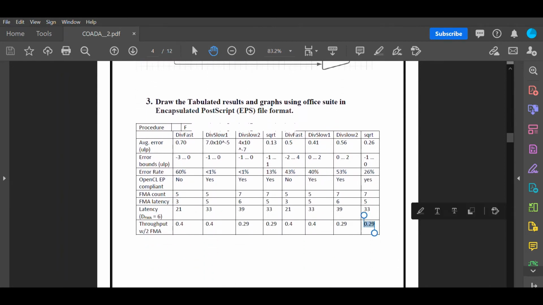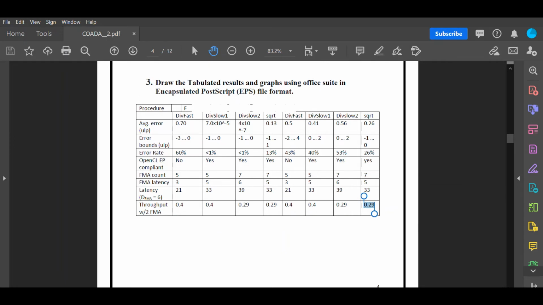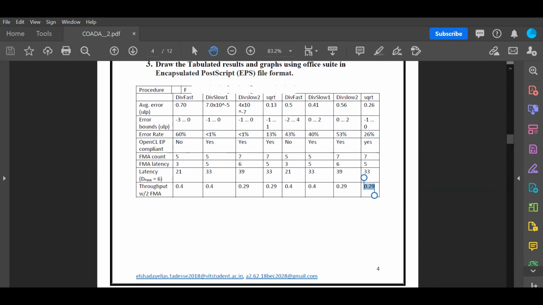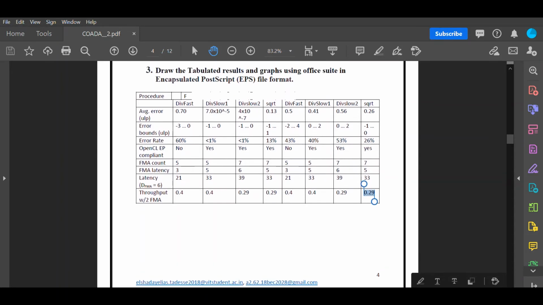Okay, now the next question is to draw the tabulated results and graphs in the EPS file format. So I have drawn the results. Here it's shown. It has the values for divide fast, divide slow 1, divide slow 2, and square root, for different values.